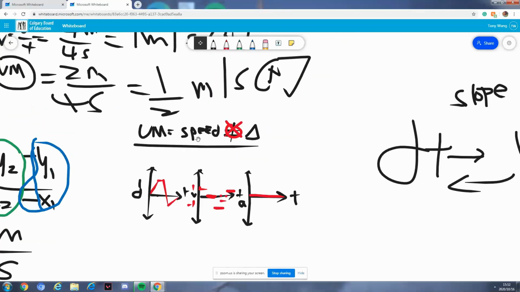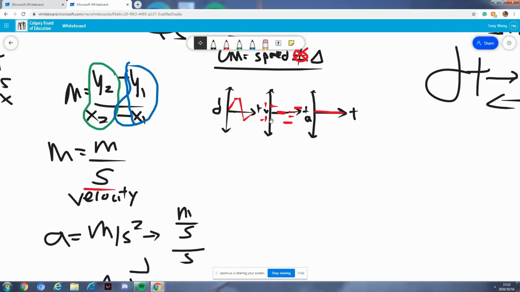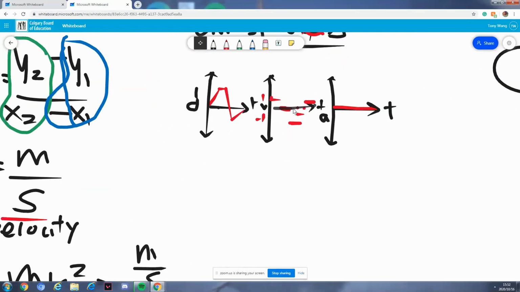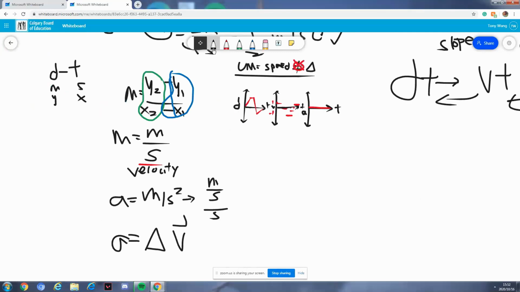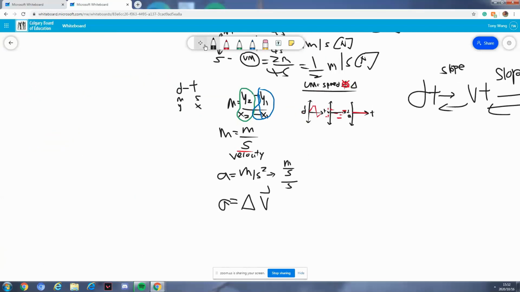The definition of acceleration is the change in speed, right? And then the slope represents the change of y proportional to x, which means that in terms of velocity, the change would be acceleration. So it would be slope, okay?